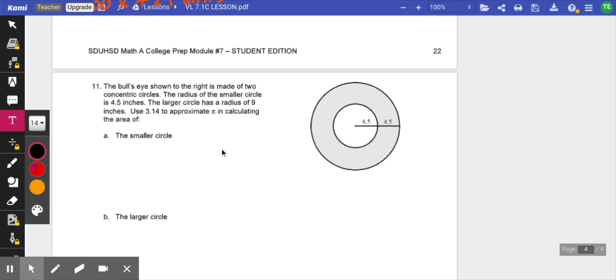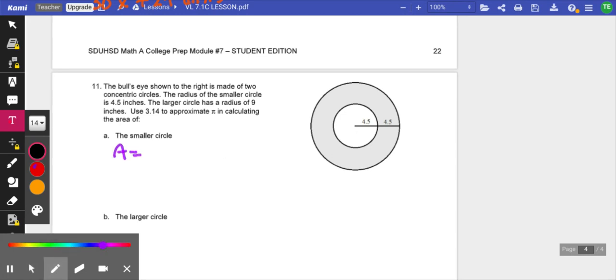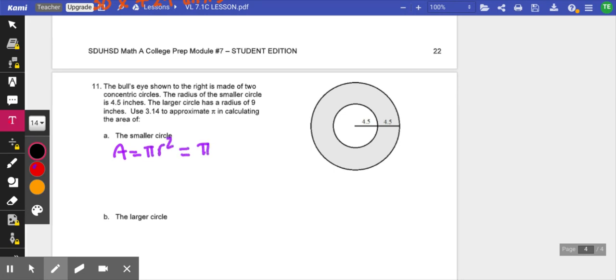So we're going to go pi r squared. So area equals pi r squared. And we know that our r is 4.5, so 4.5 squared. We first have to square the 4.5 and then multiply by pi.